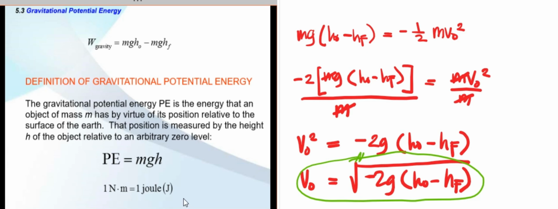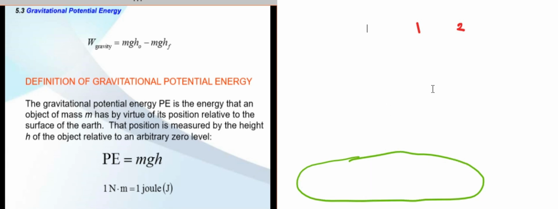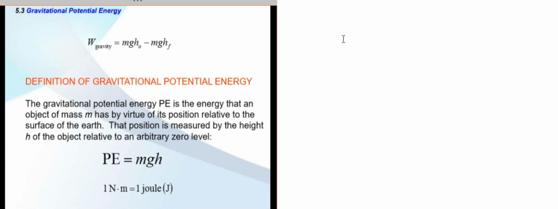That position is measured by the height h of the object relative to an arbitrary zero level. So mathematically, gravitational potential energy is equal to mass times gravity times height.